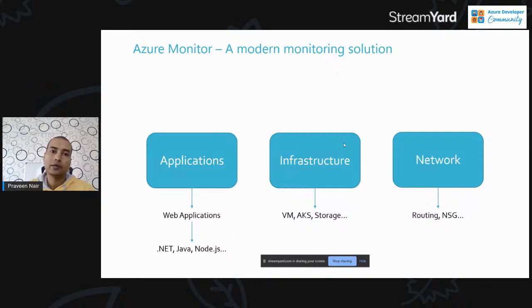Then only the data will be collected by Azure Monitor. Now coming to the network, it's routing and the security groups, Azure Active Directory. So those aspects are covered in the network. So these are the three major categories Azure Monitor is concerned about.